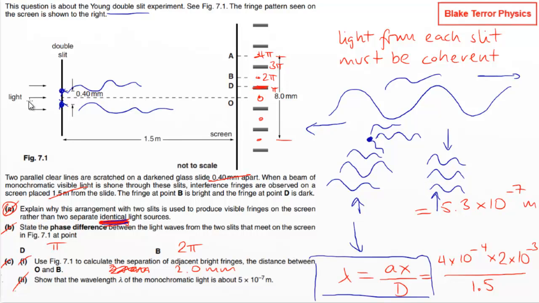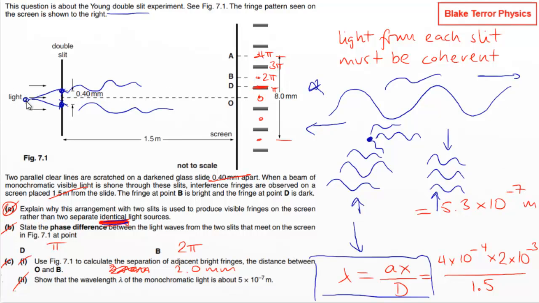So that's why we need to have a single source, or at least that's why in the context of classical waves we need to have this single source. There are going to be other ways of describing this when you get into quantum mechanics. But I just feel as though they really leave this hanging when they're describing this at A level, because of this picture that they create of just a single wave profile.